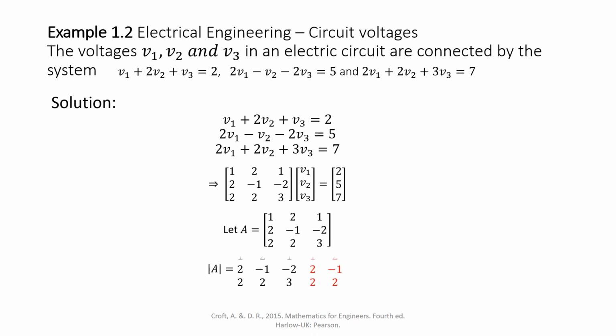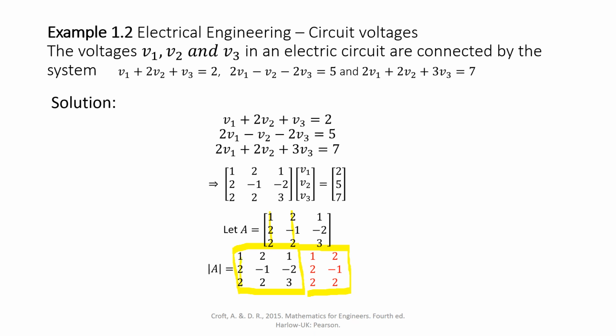So the determinant, you know this, I am writing the same matrix A. If you notice, I am writing the A contents completely, and this part, the red letters, are actually the first and second column repeated again.